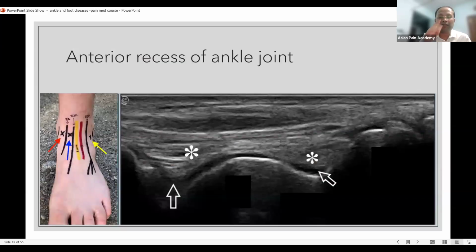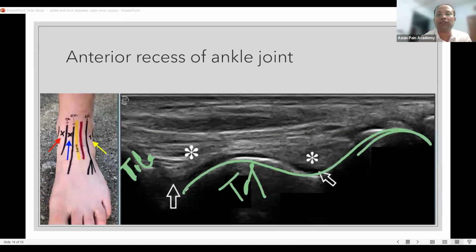Now, this is the anterior recess of the ankle joint. As I showed you in the picture, we can see both the anterior recess and the posterior recess. In this picture, this side is tibia, and this is talus; this whole bone is talus.